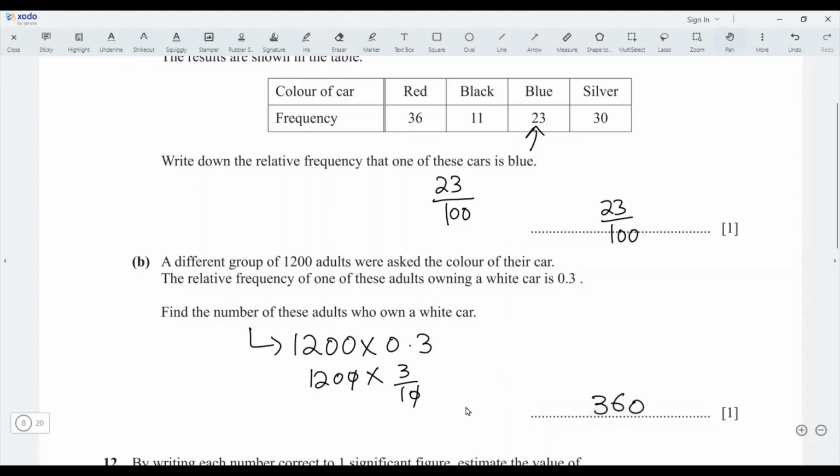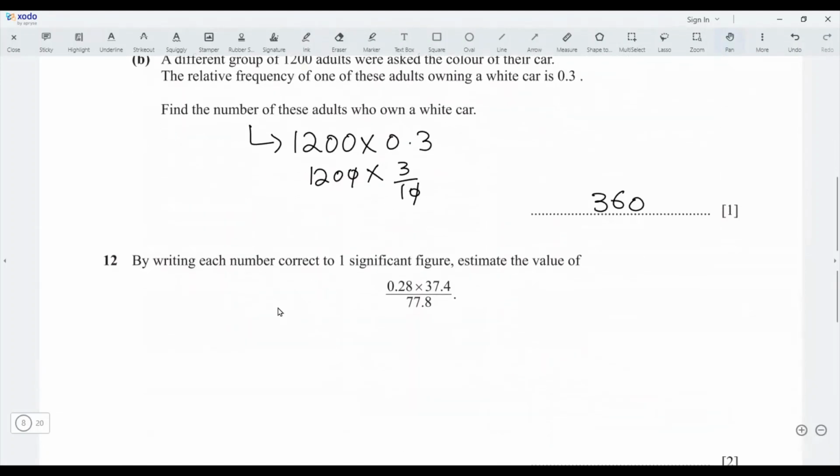So moving ahead to the next question, it is of the numbers topic. We have to write down our answer correct to one significant figure for all of these, and estimate the value of it. So 0.3, the very first significant figure of it is 3. We can write 0.3 multiplied with the very first significant figure, 3.